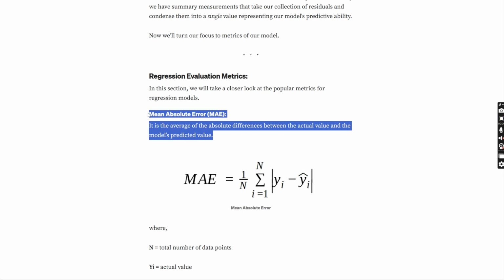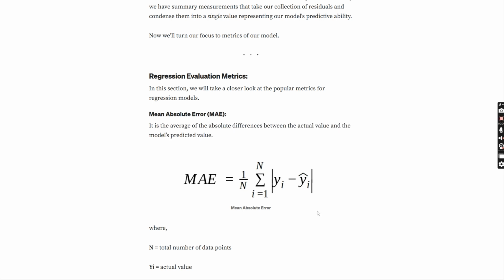If you read it, they may sound exactly the same, but they are not the same.